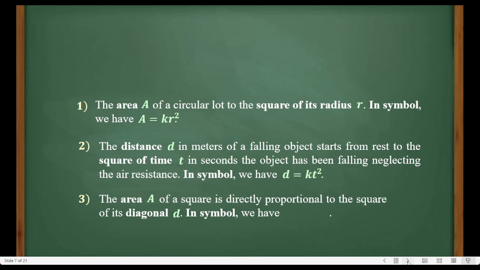If we translate this situation, we have A is equal to kd squared. And these three examples are under this type of direct variation, which is the direct square variation.